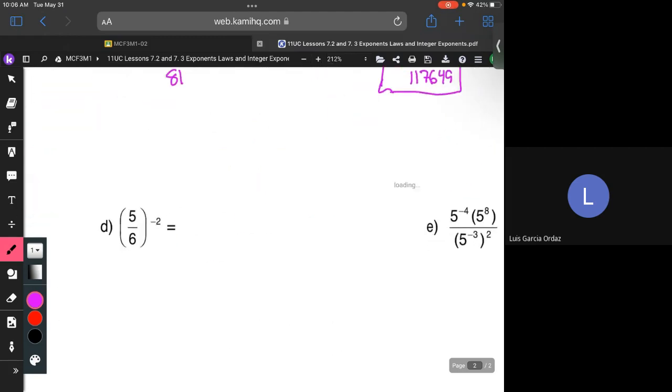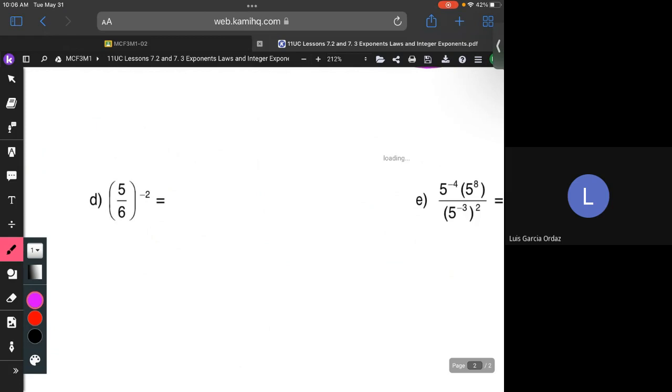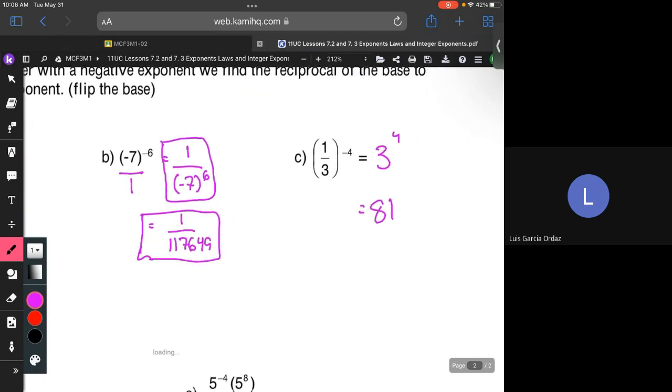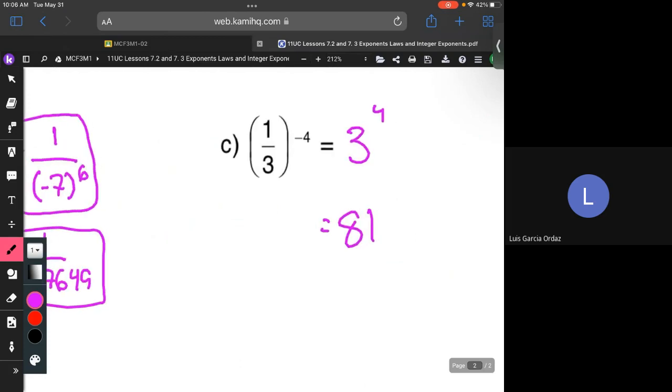Okay, now the next one, we have 5 over 6 to the negative 2. How would I figure that one out? Brooklyn? I have a question about the other question. Why is it a positive 4 now?